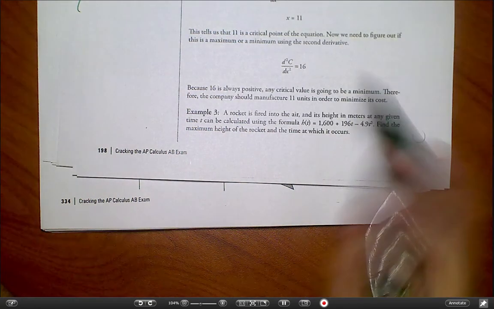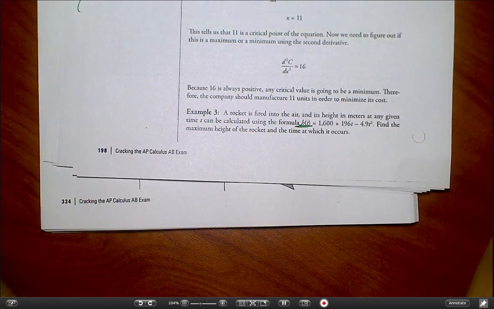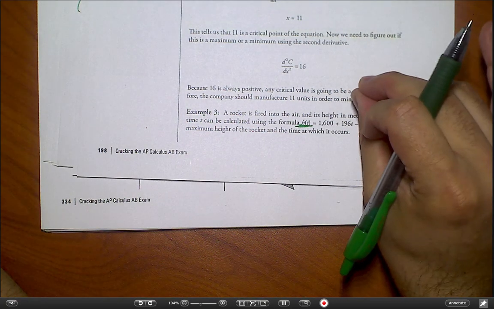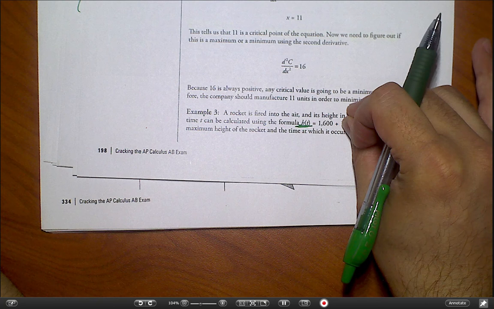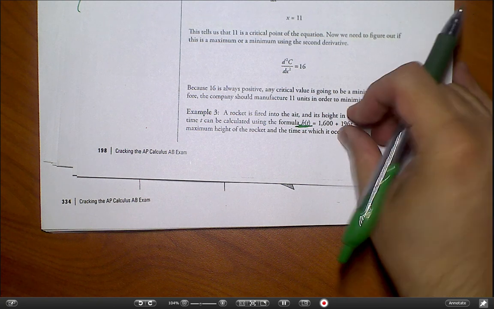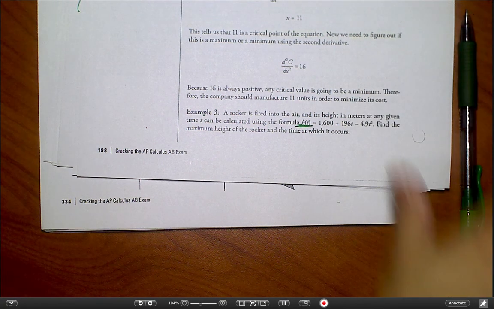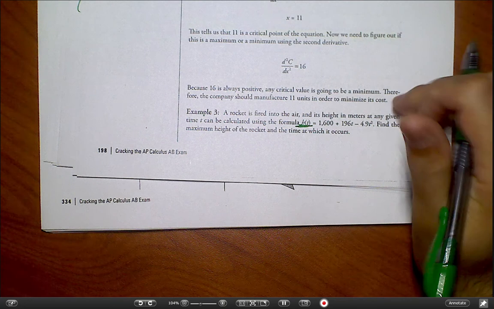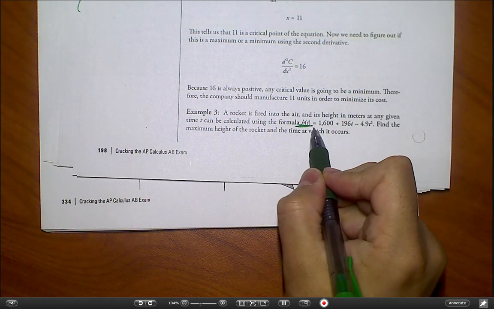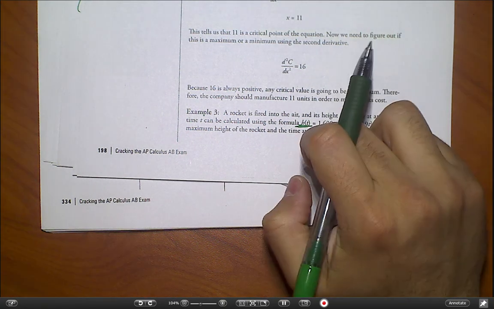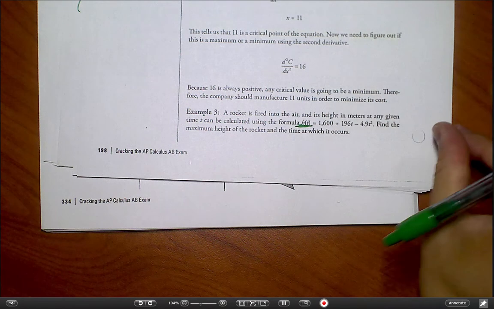Now, h of t, that's the height. This is super important to understand: this is position. This is my position function, like the s of t. This is the location it is going to be at when t is something.